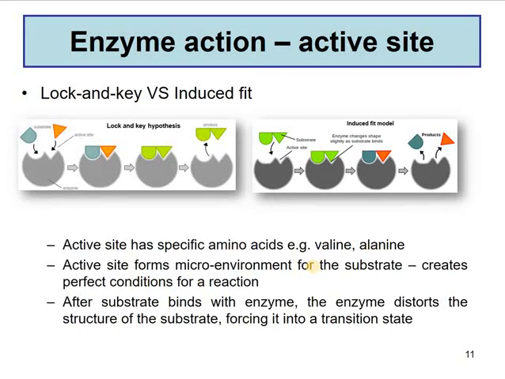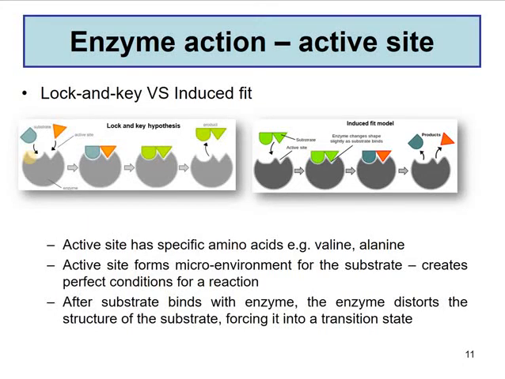In this lock and key theory, it is assumed and known that the substrate has the exact shape of the active site of the enzyme. So that's what the lock and key theory or hypothesis says.